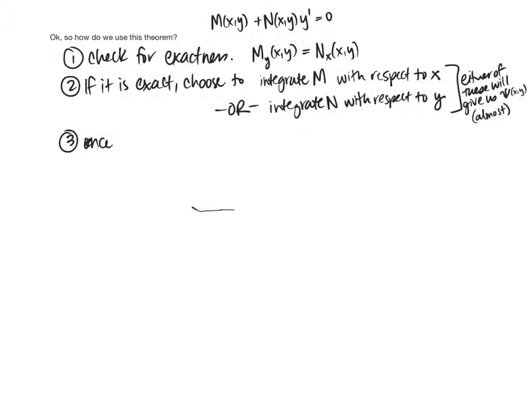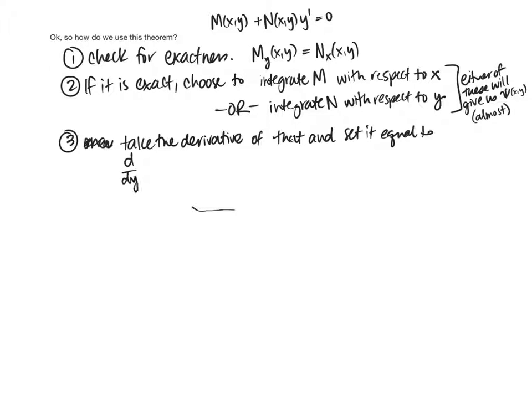So once we have that, we want to take the derivative of that psi that we have and set it equal to, either we want to take the derivative with respect to y of the integral of m with respect to x, and we want to set that equal to n.